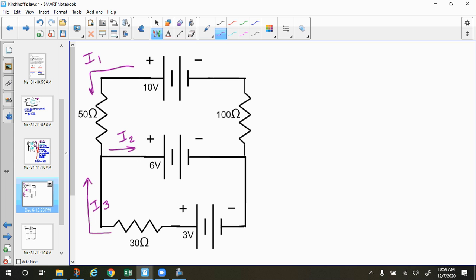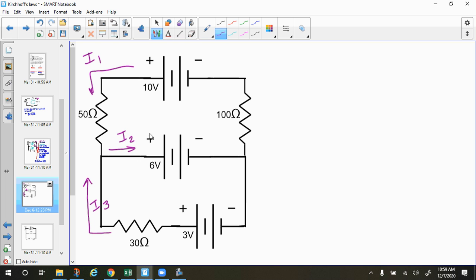I'm purposely doing some currents in the wrong direction so you can see what it looks like. It doesn't matter what you choose because you'll just get a negative current in your calculations, and then you just know it goes the opposite direction. I'm also going to show you what it looks like to do one of your loops, like that outside loop.